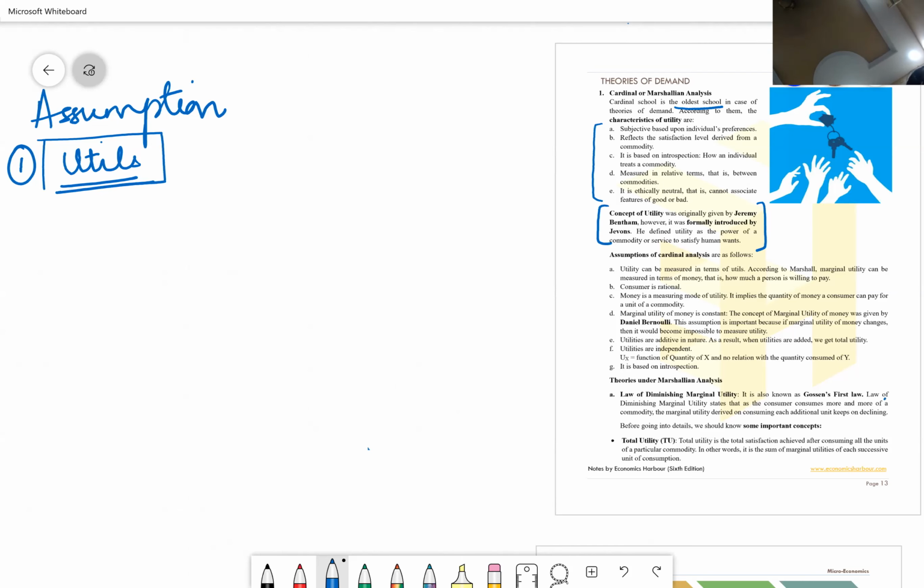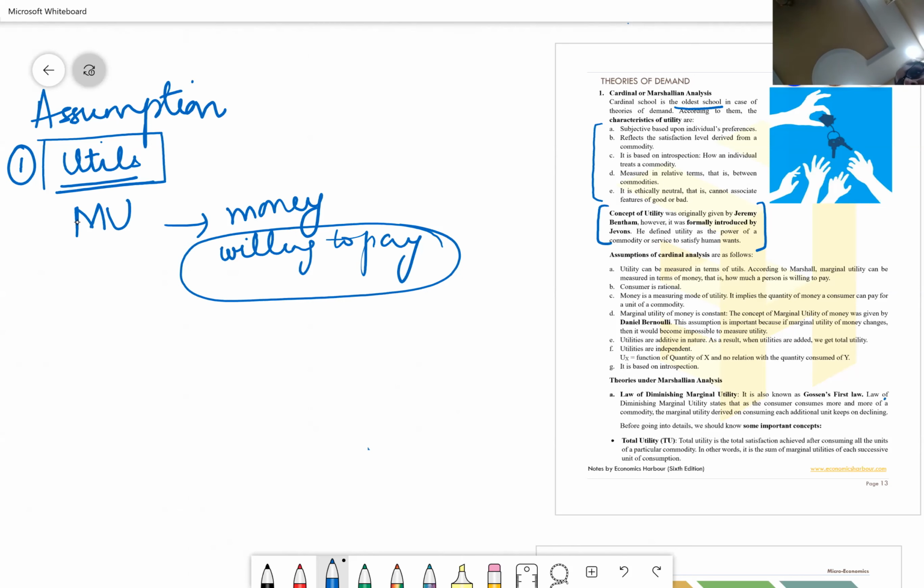Okay, so Marshall stated that marginal utility can be measured in terms of money, that is, how much an individual is willing to pay for a commodity. The more he's willing to pay for a particular commodity, the higher the marginal utility derived from consuming one additional product, and so on.